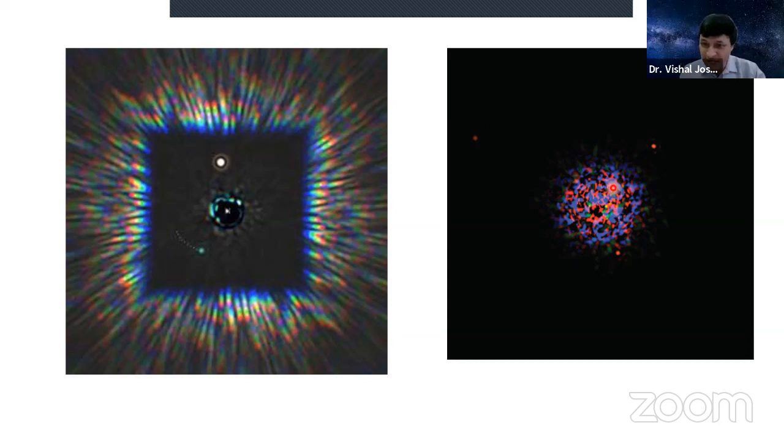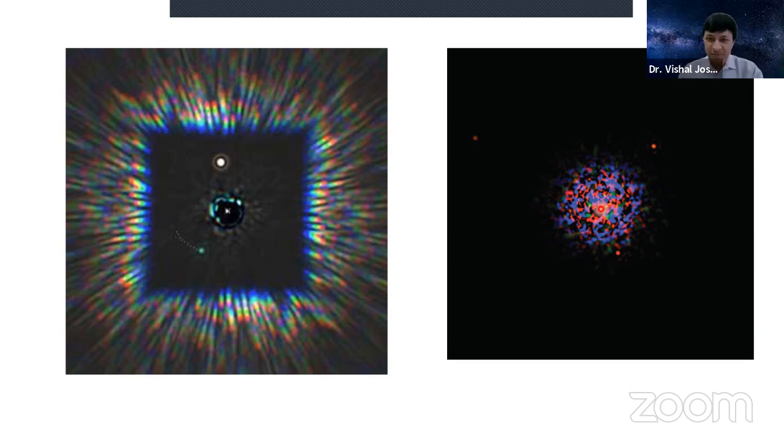And when you have reduced the starlight, you can see three bright, clear dots. One dot is very close to the star, the other is at an intermediate distance, and the third one is at the farthest. These three dots are basically three planets orbiting around the star, and we have actually directly imaged this. So these two pictures are real pictures.